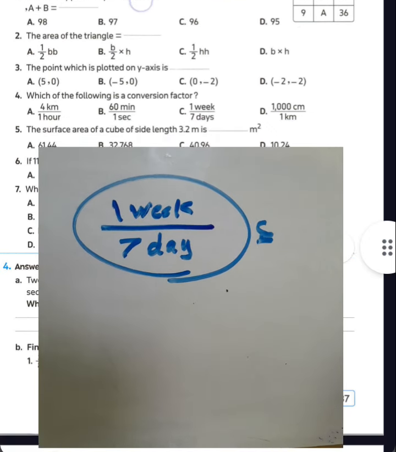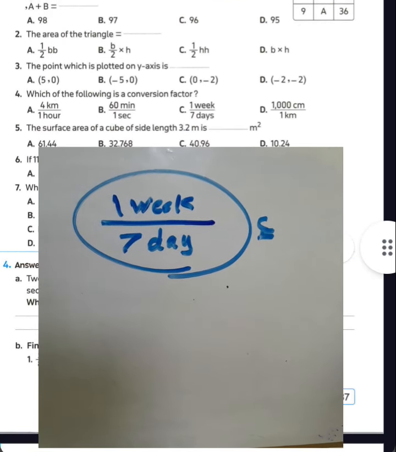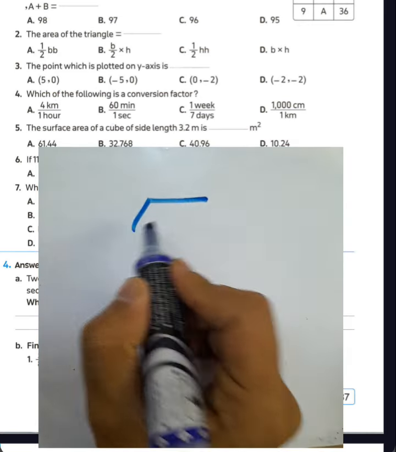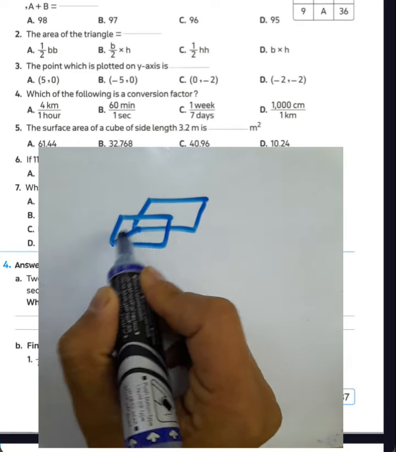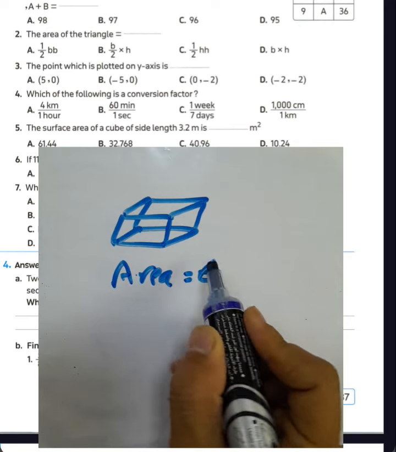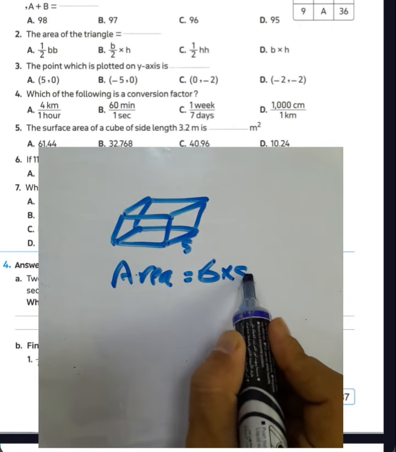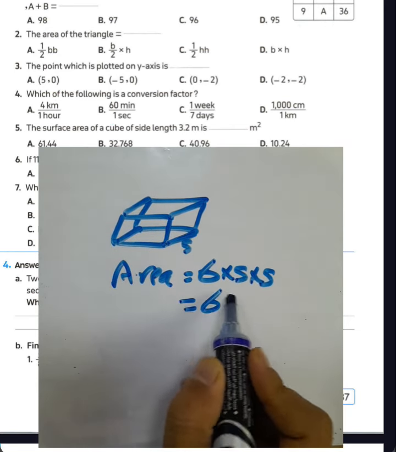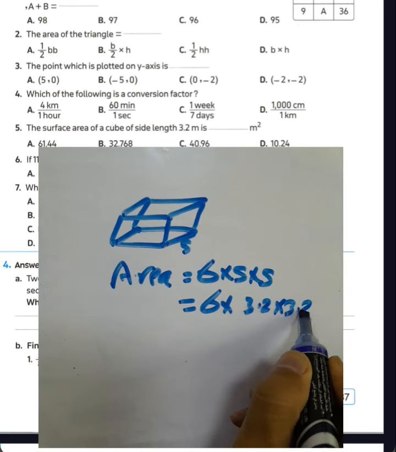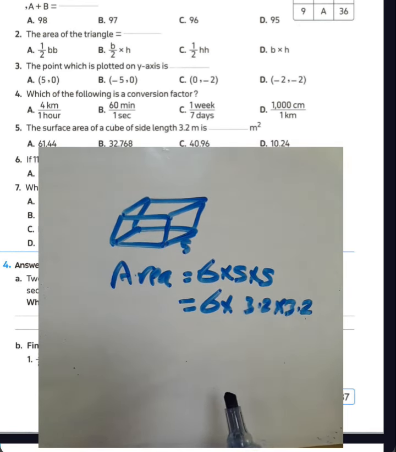Question number 5. Surface area of a cube, length of the cube. Okay, we have a cube here with 6 faces, so the area equals 6 times the side squared. The side here was 3.2, times 3.2, times 3.2.